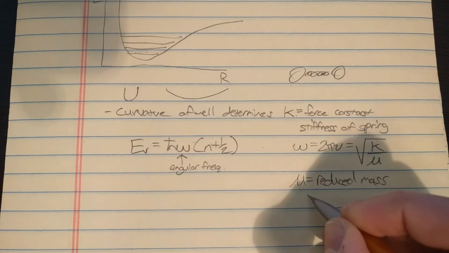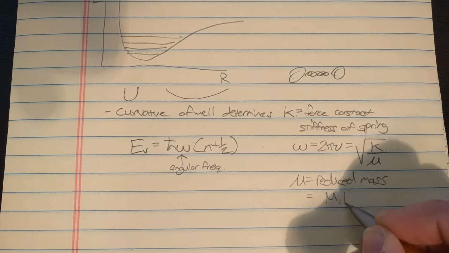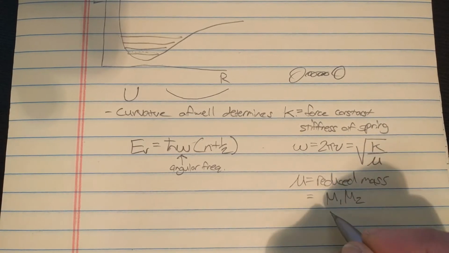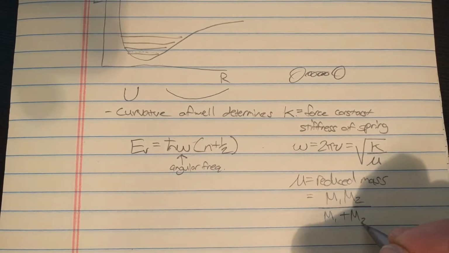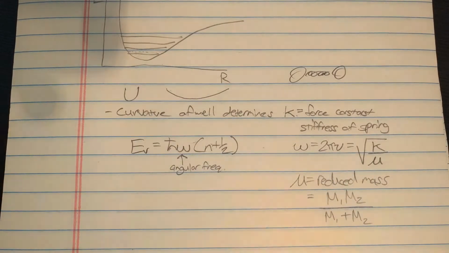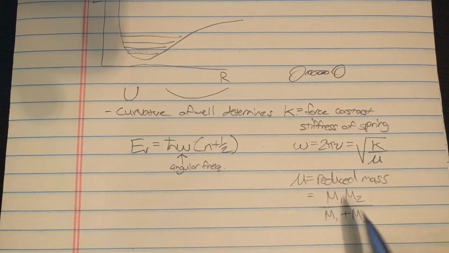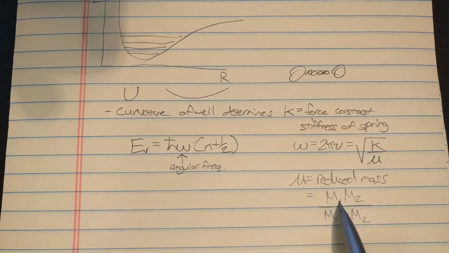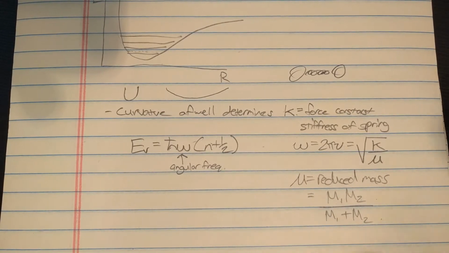And the reduced mass is equal to the mass of the first atom times the mass of the second atom divided by the mass of the first atom plus the mass of the second atom. And if you have 3, you can probably guess how it's extended. You'd have m1 times m2 times m3 divided by m1 plus m2 plus m3 as the reduced mass for a 3 atom molecule.